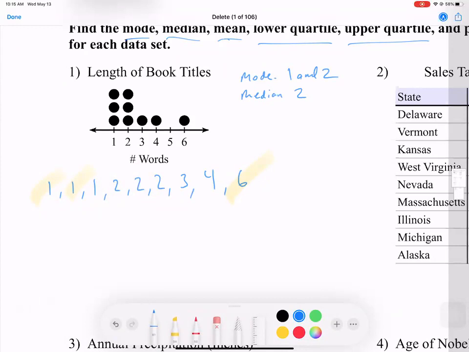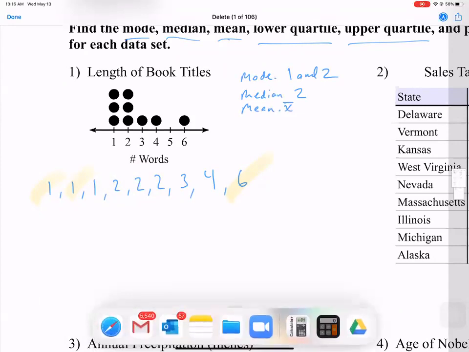Our mean, which is the average, we've been doing mean a lot. Sometimes it's labeled as X bar. So we add up all the numbers. Let me go ahead and take out my calculator here.